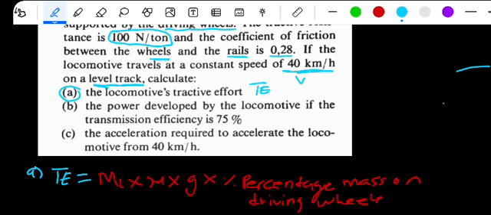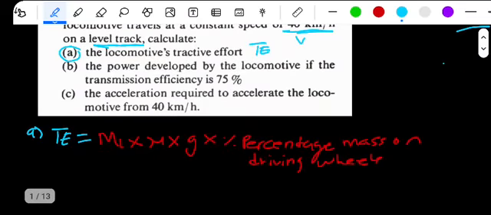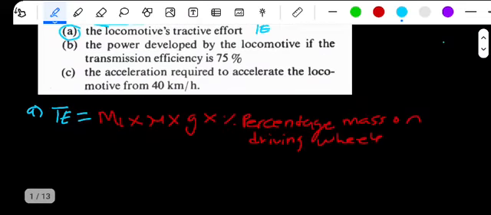All right. The formula is supposed to be like this, but now the mass is given in tons. By convention, the mass is supposed to be in kgs. So you must know that 1 ton is equal to 1000 kgs.